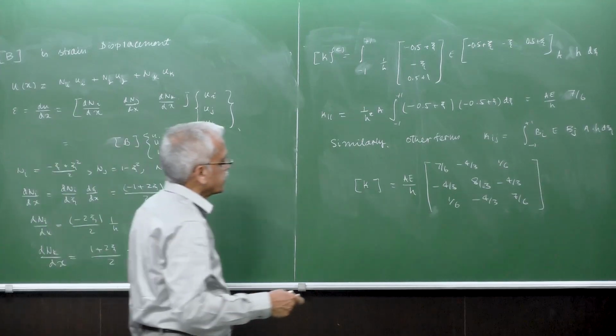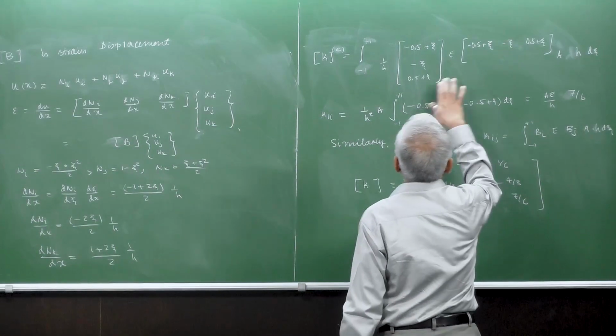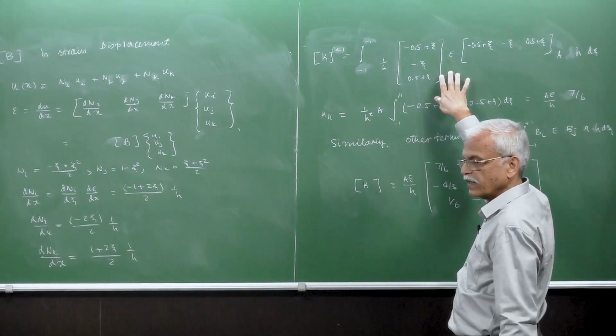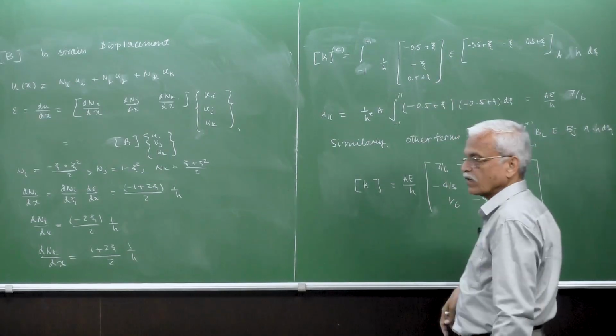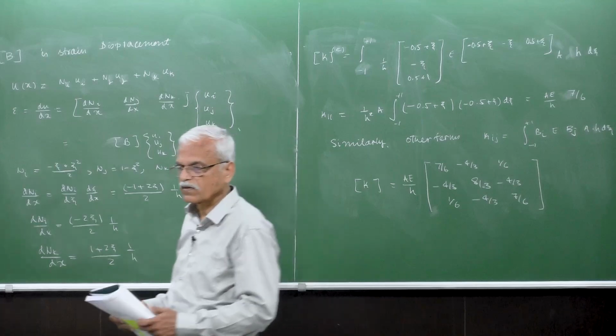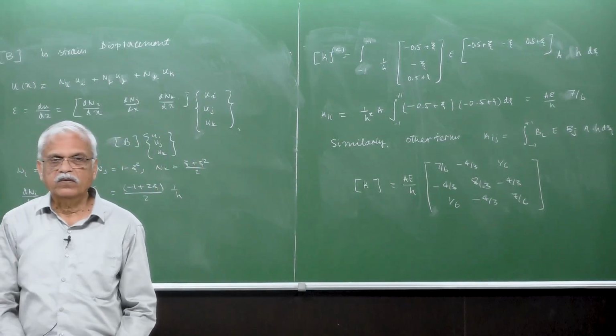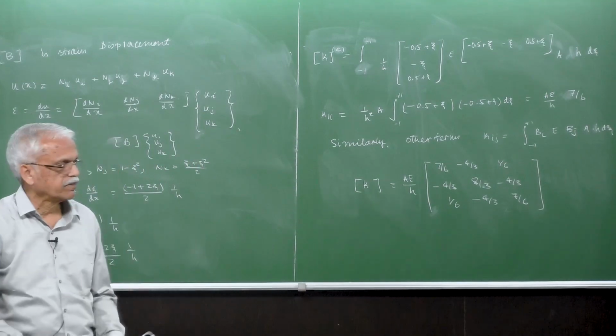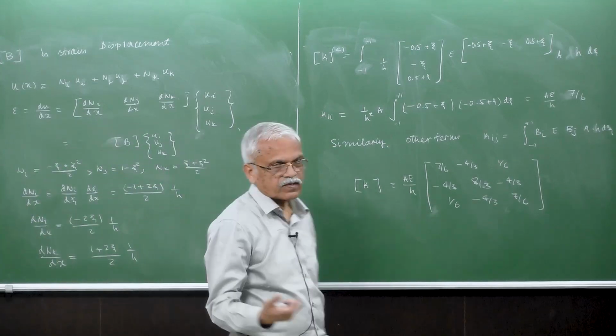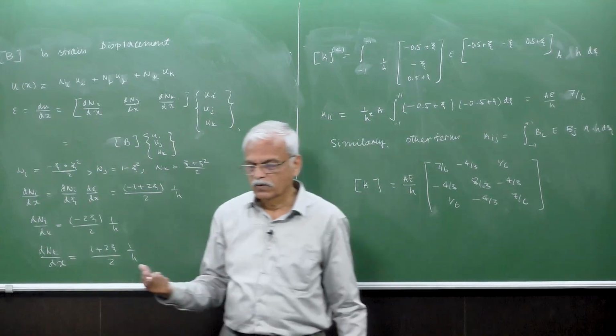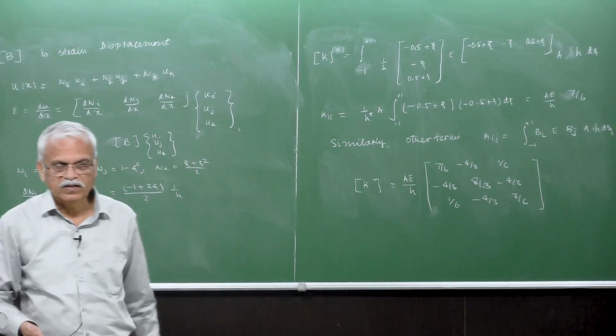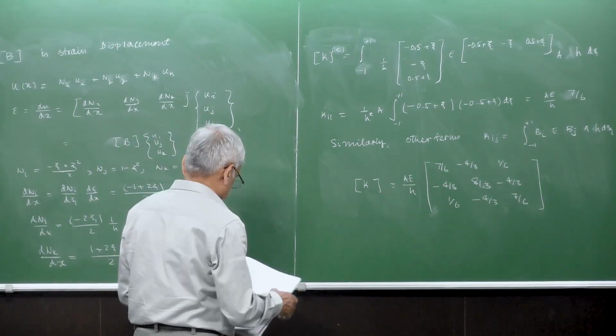Here you have to remember that we need integrations to be done. B is not constant. In fact, this is not a constant strain element anymore with the 3 nodes of 1 dimension, whereas for the linear element with 2 nodes, it was a constant strain. So this is for K.